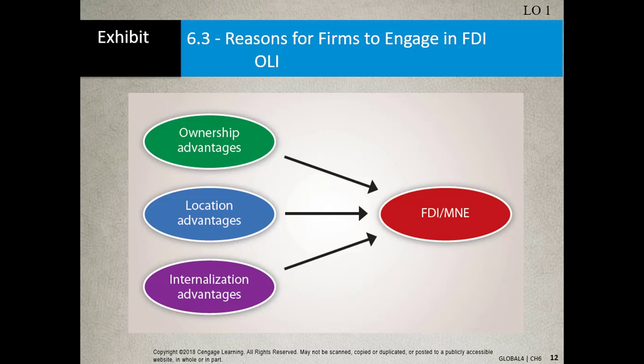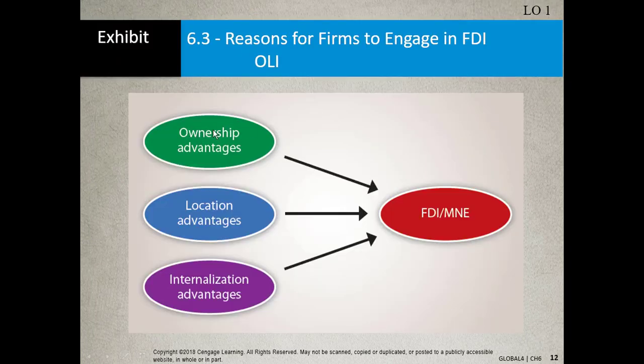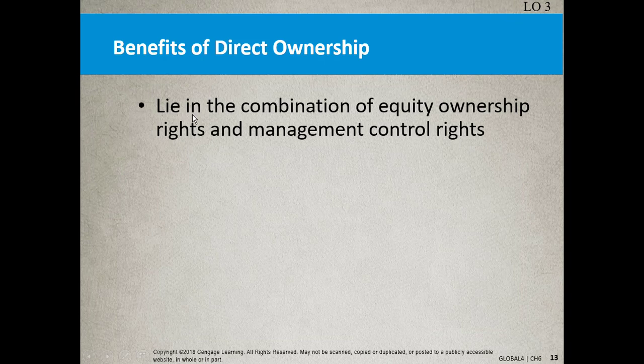All right, so let's now look at each of the three elements of OLI as we move forward. By the way, OLI was suggested by British scholar John Dunning. I want to give him credit. Benefits of direct ownership. Ownership advantage lies in the combination of equity ownership rights and management control rights.